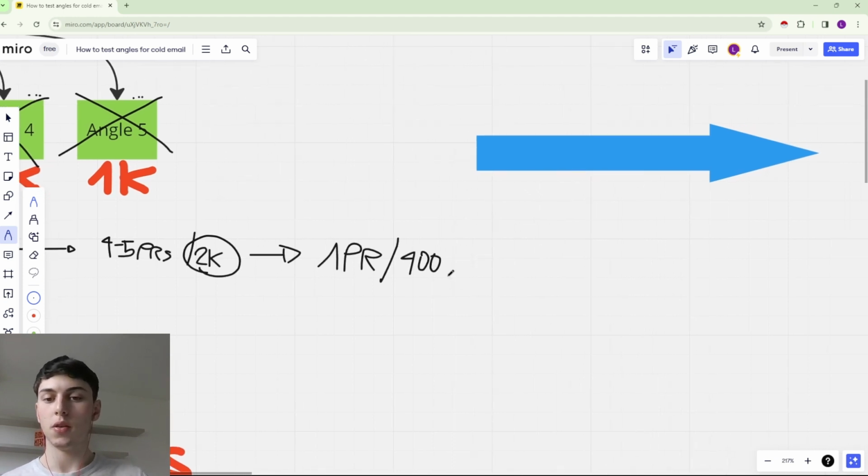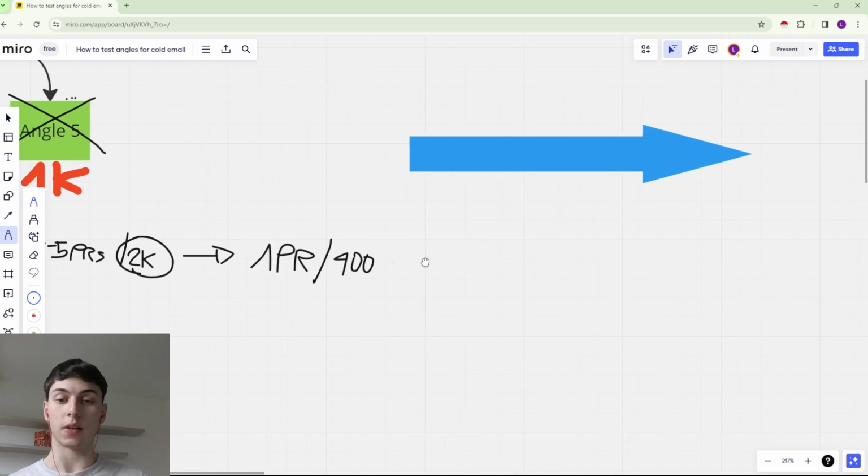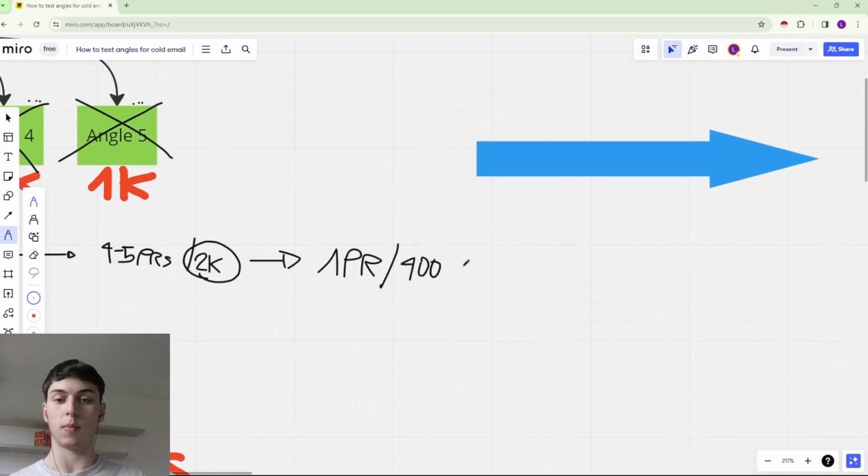So by doing this, you easily do the math, and if you want to scale this angle to the entire TAM, which by the way I don't really recommend, you can get an understanding of how many positive replies you're going to get. And by knowing what percentage of the positive replies you convert into a meeting or sales call, you can do the math and see how many sales calls you're possibly going to get out of that total addressable market.